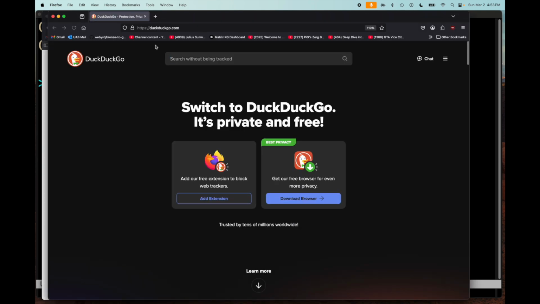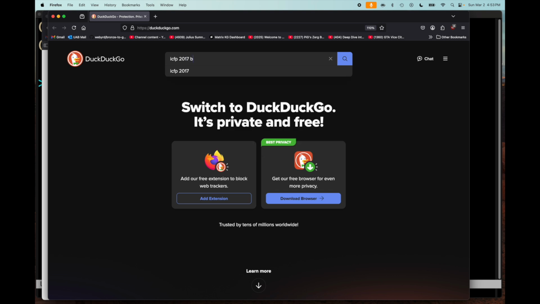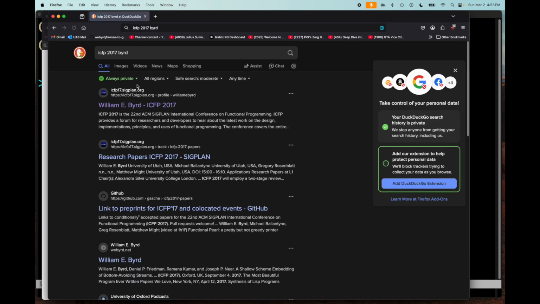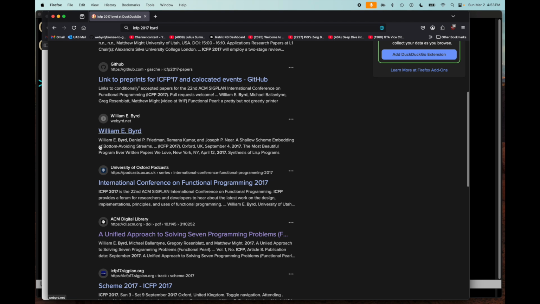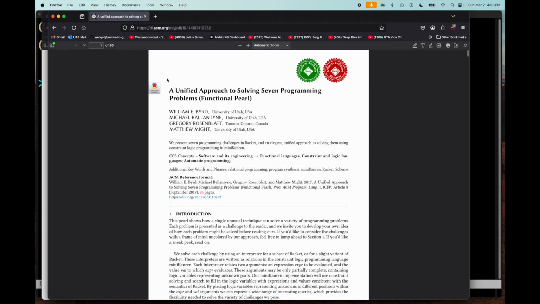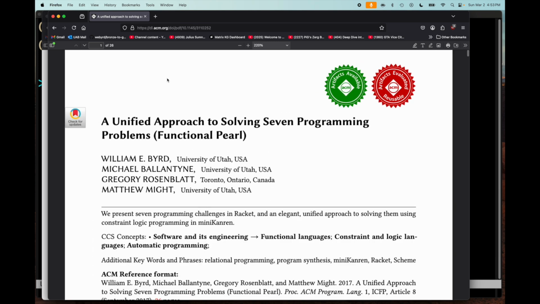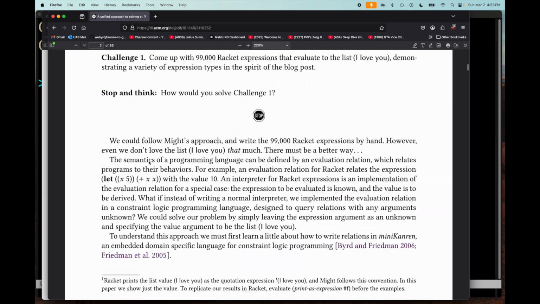Let's see if I can. So you can find this paper. Yeah, here we go. Okay, so this is the 2017 ICFP Pearl that I wrote with Michael Ballantyne, Greg Rosenblatt, and Matt Might.